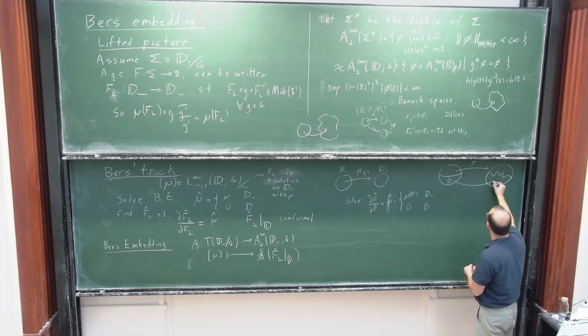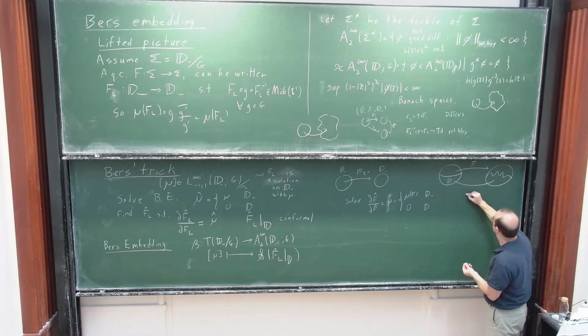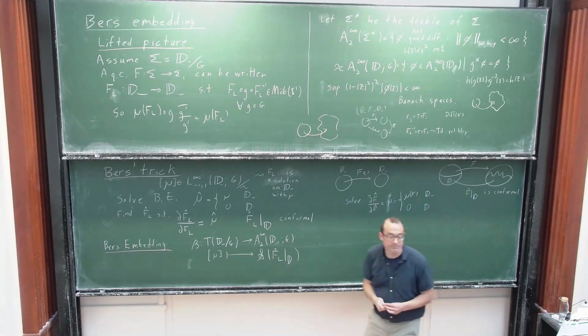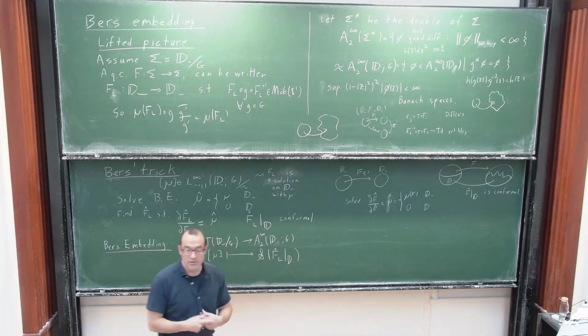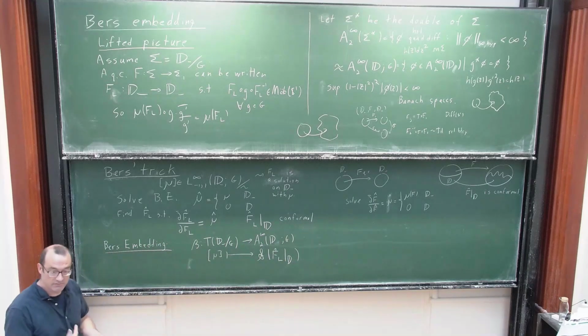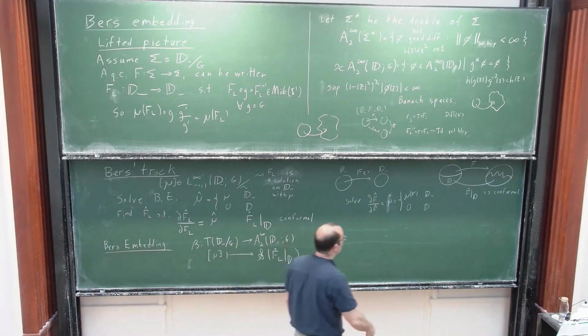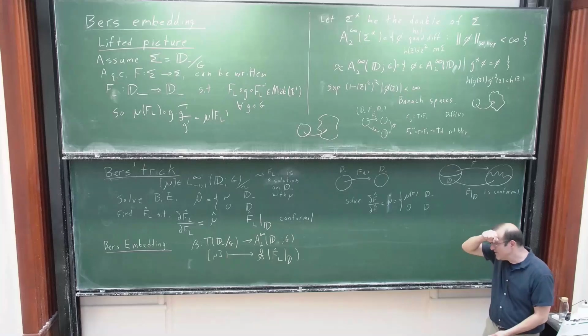So you get actually some nice map here. F hat restricted to D is conformal. Okay? So this over here is just the group invariant version.